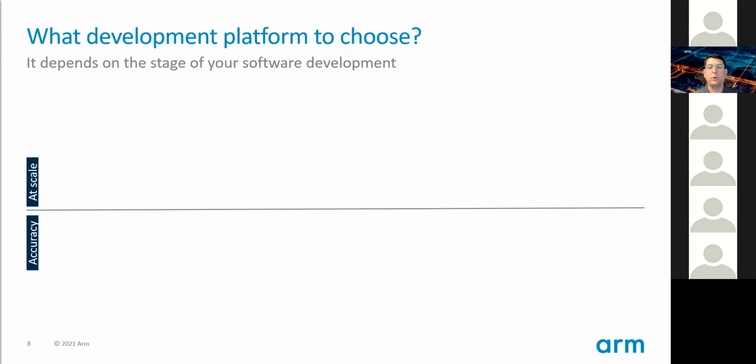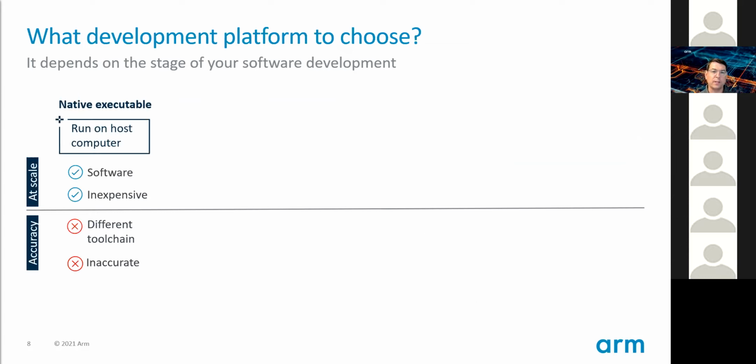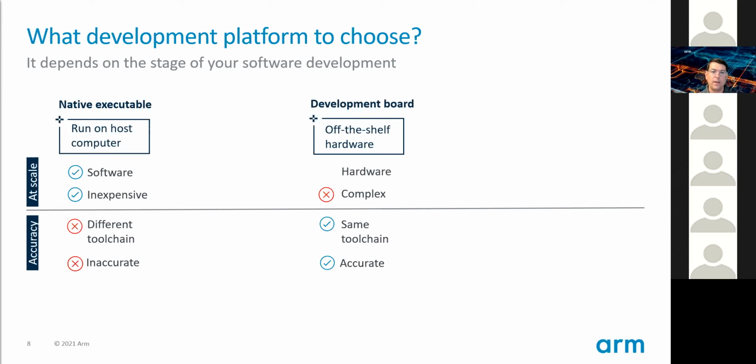Let's take a different viewing angle here. Which development platform should you choose? A native executable that runs on your host machine is quite inexpensive, but it lacks a couple of important items. Usually the tool chain is different and the results may not be accurate. A development board is based on hardware that has to be created in the first hand, so it does not really help you with shift left.